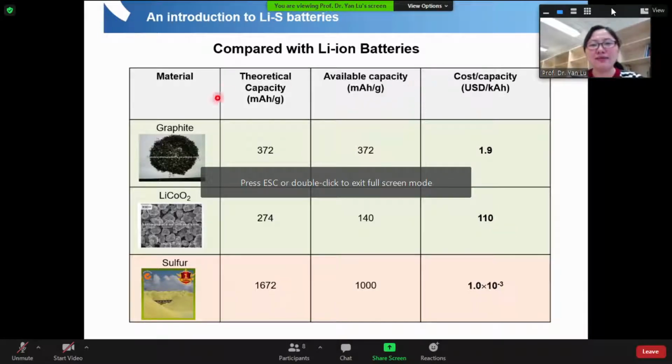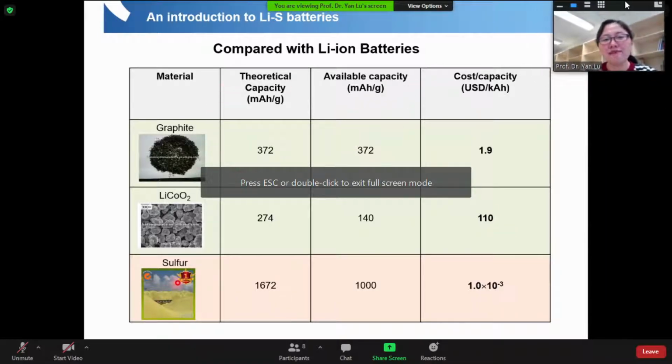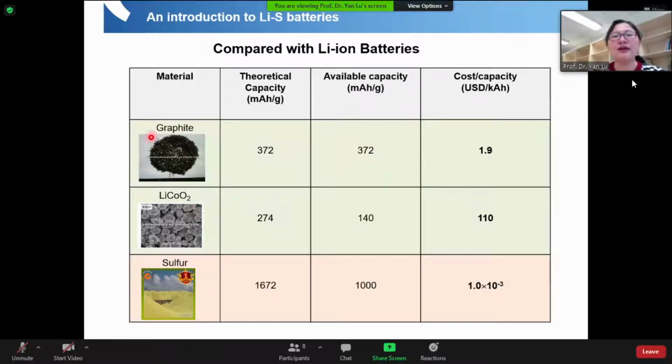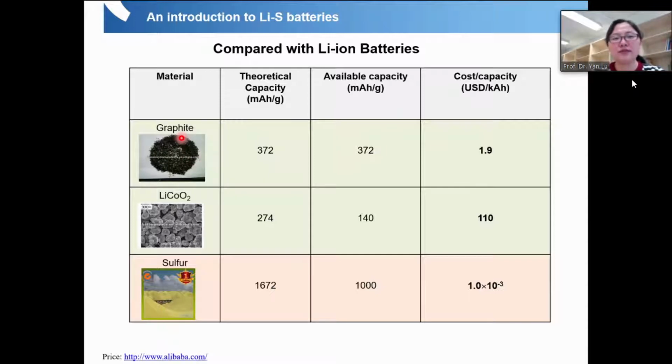Again, I give you also a comparison of sulfur with other electrode materials. Graphite is also a typical anode material for the lithium-ion batteries. It has a theoretical capacity of more than 300.